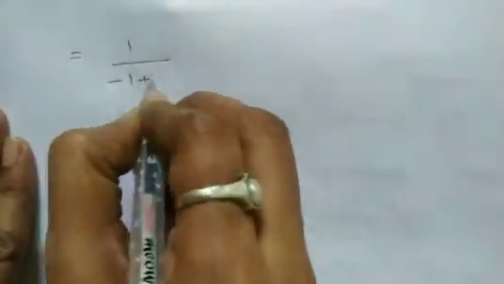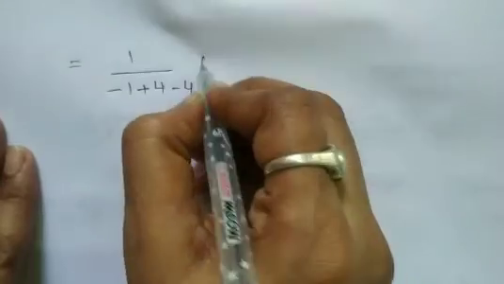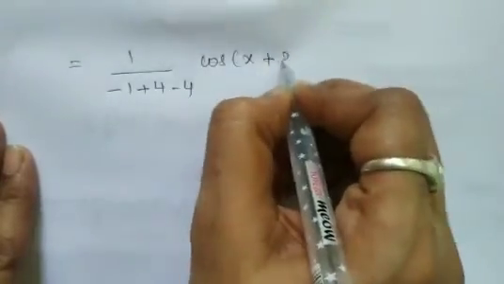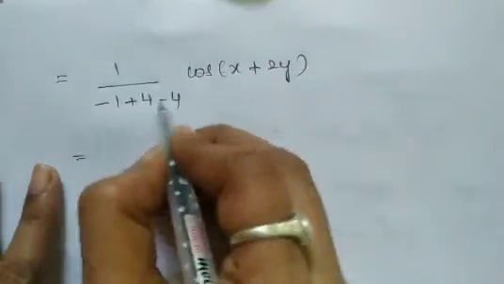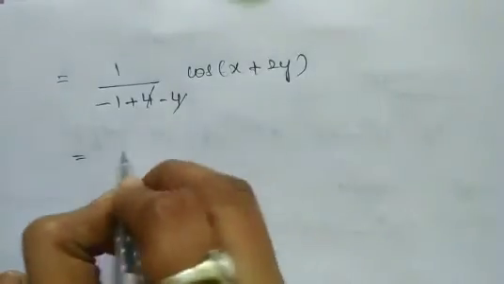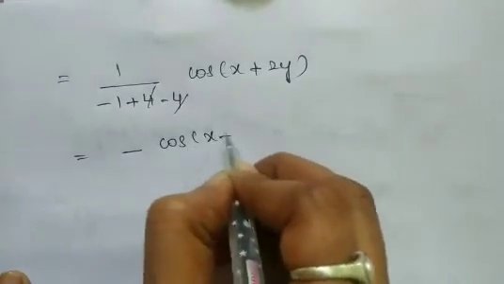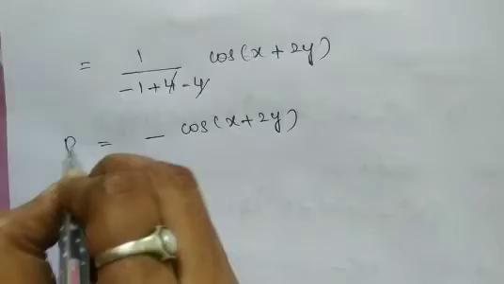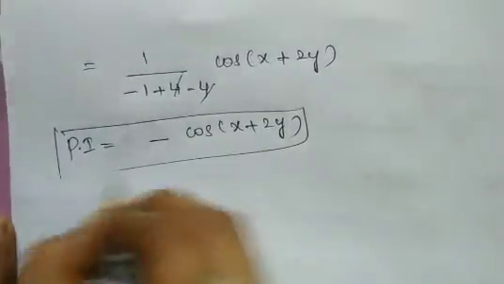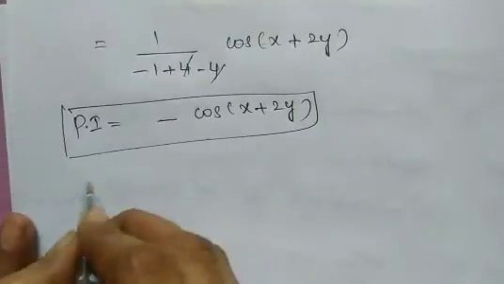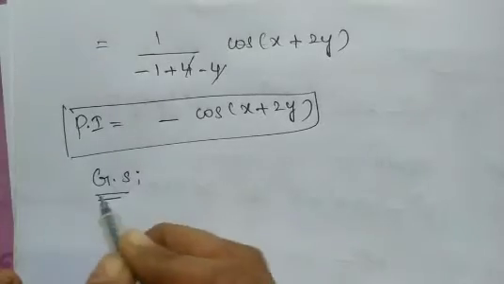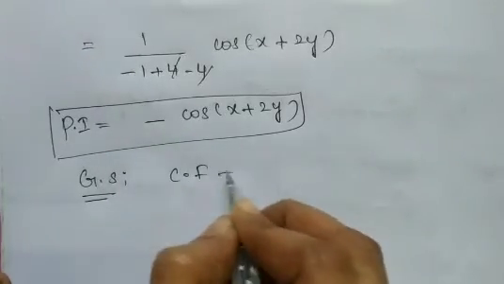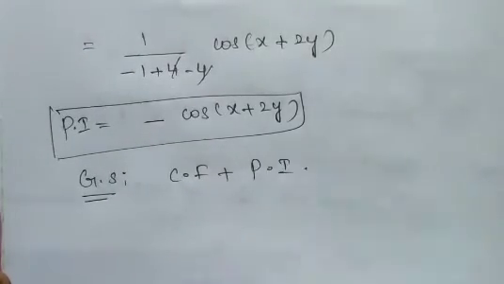So that is equal to 1 by minus 1 plus 4 minus 4 into cos of x plus 2y. So here plus 4 minus 4 cancel, minus of cos x plus 2y. So this is our particular required integral. So coming to the general solution, that is complementary function plus particular integral.